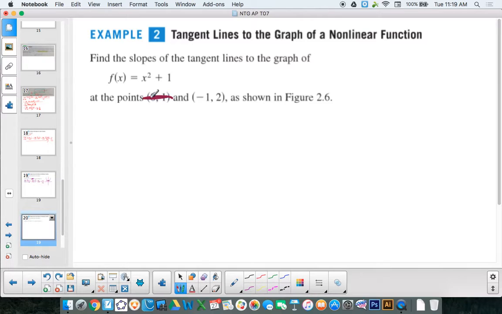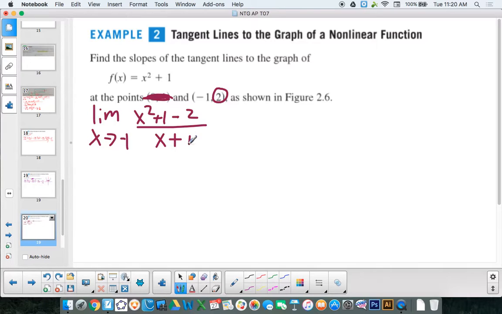So we'll do x = -1 now. We'll take the limit as x approaches -1 of f(x), which is x squared plus 1, minus f(-1), which is (-1) squared plus 1, is 2, over x - (-1), which becomes x + 1.